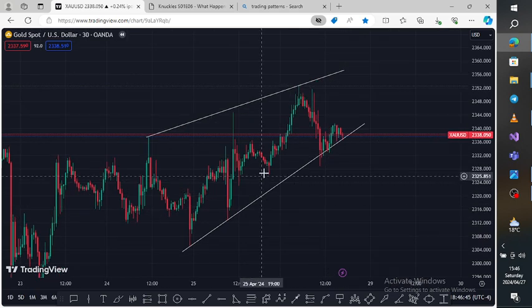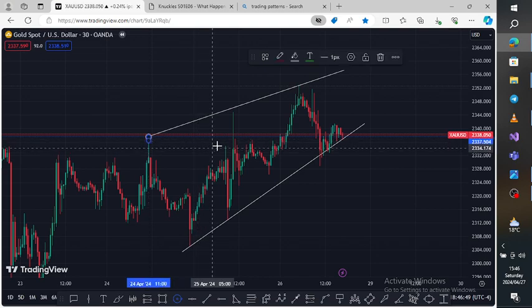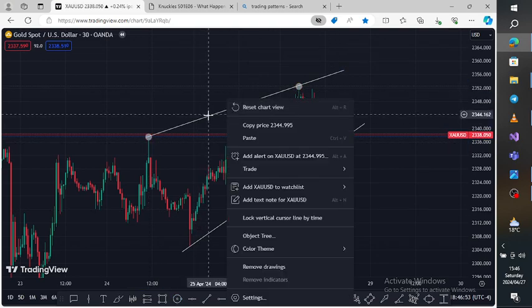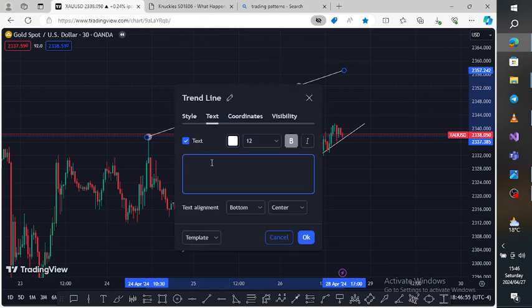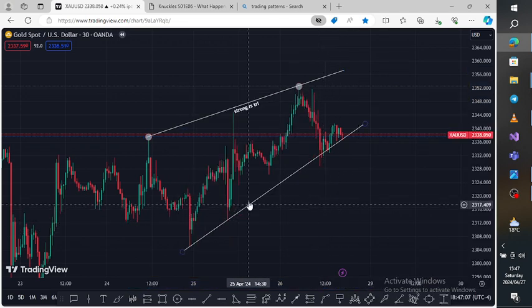The only condition that we have here is that we have a strong high and another strong high, which will result in this being a strong SPRS TRL, meaning it's a strong resisting trend line.